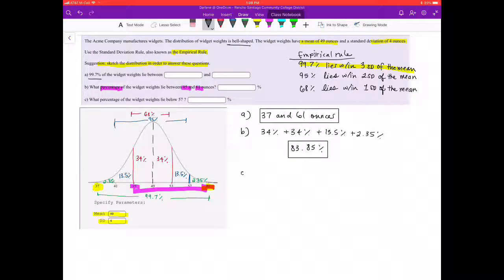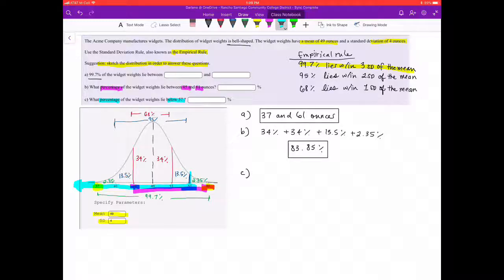Moving on to part C, it asks what percentage of widget weights lie below 57. So notice I'm getting a number of ounces again. Here's 57. And everything below, including beyond 37 ounces, meaning all the way out here.